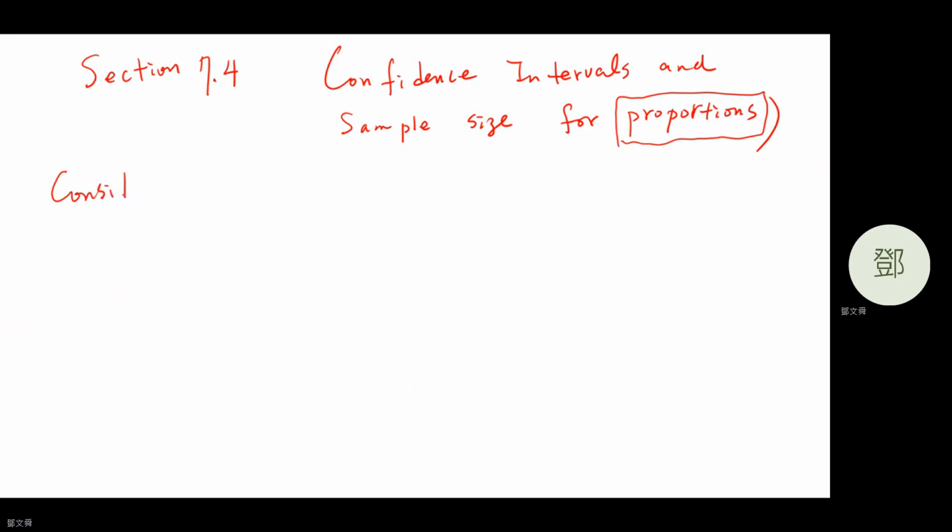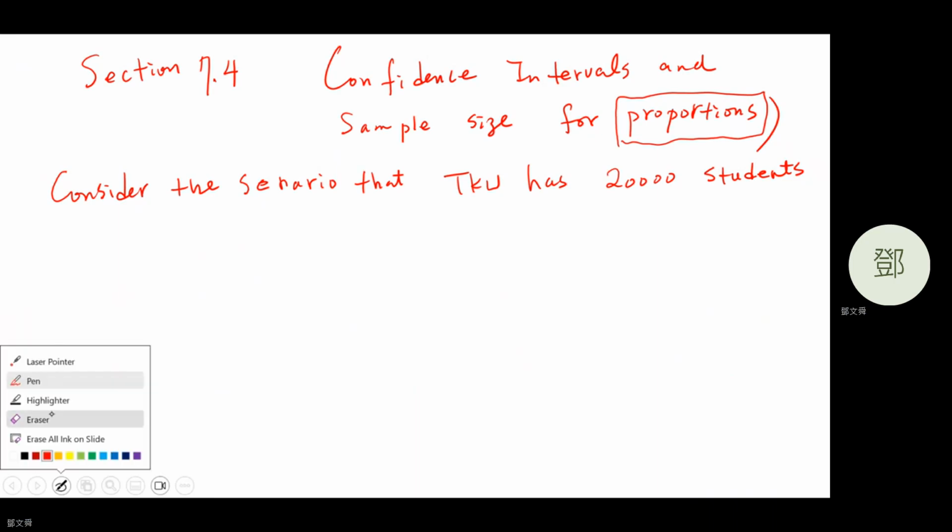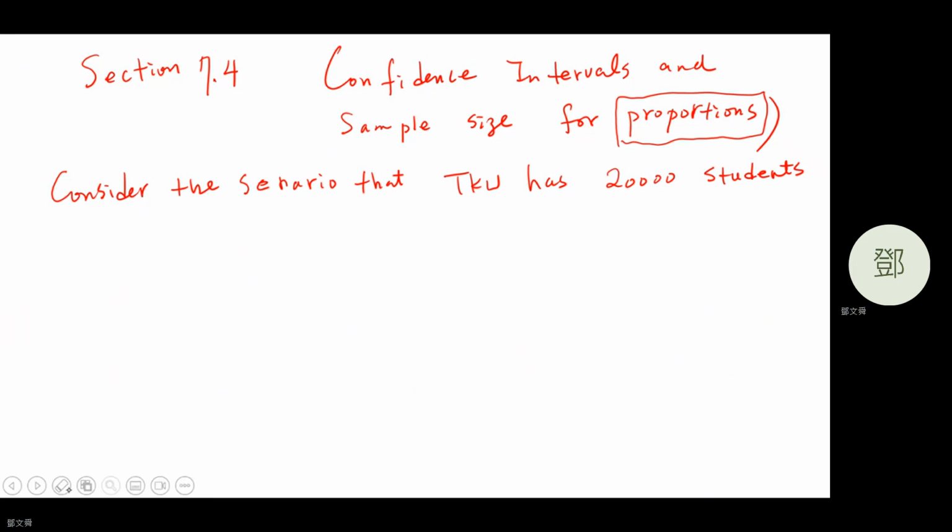Consider the scenario. DKU has 20,000 students, and suppose that 15,000 of them are nearsighted. In other words, they have to wear glasses.